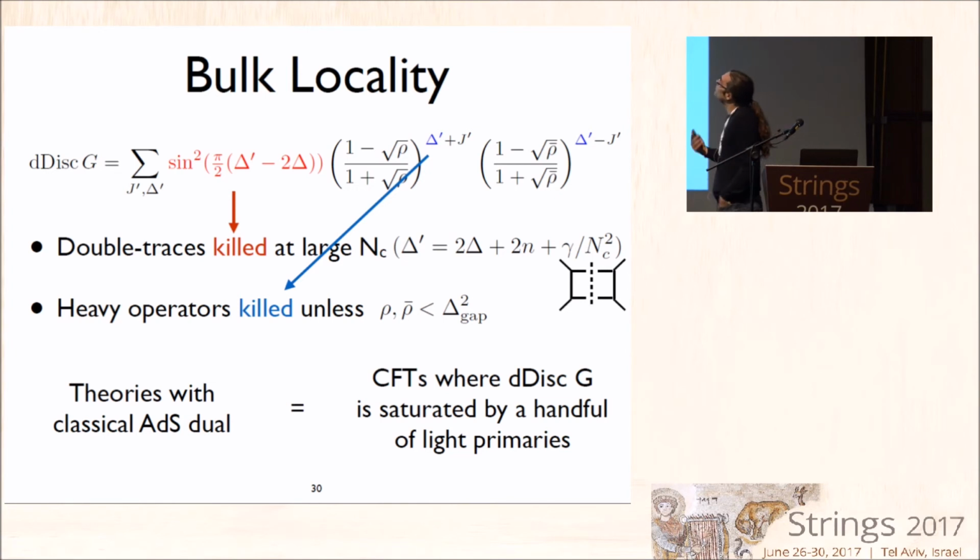So let's see how this formula pertains to bulk locality. Here's a formula for how you evaluate this double discontinuity in terms of the cross-channel expansion. Because it's a double discontinuity, you get this sine squared of the anomalous dimension. And because of this, you're basically killing all double traces at leading order in 1/N.